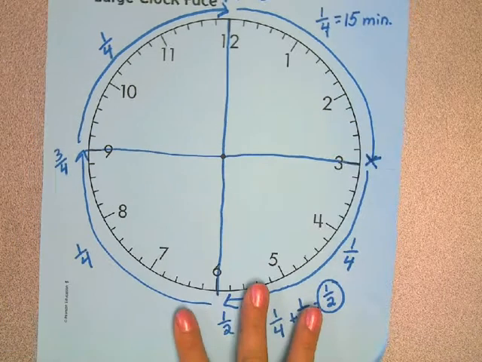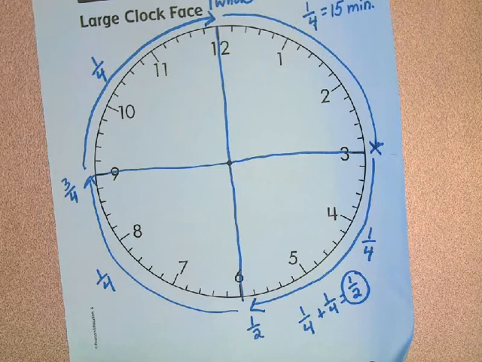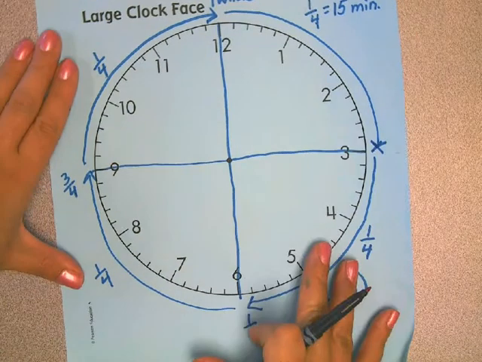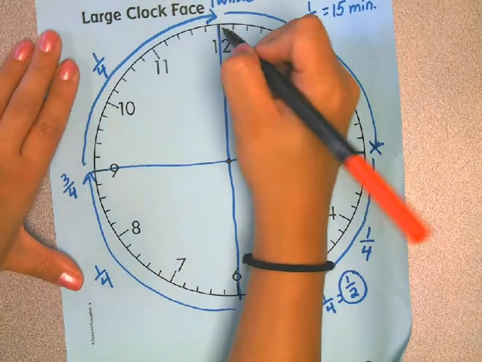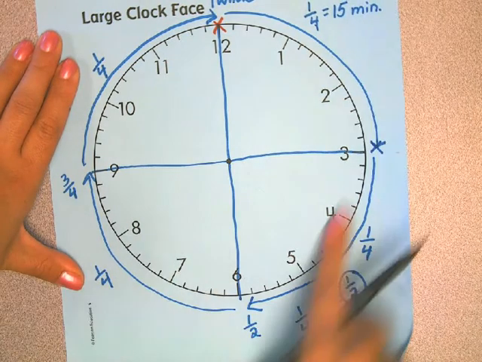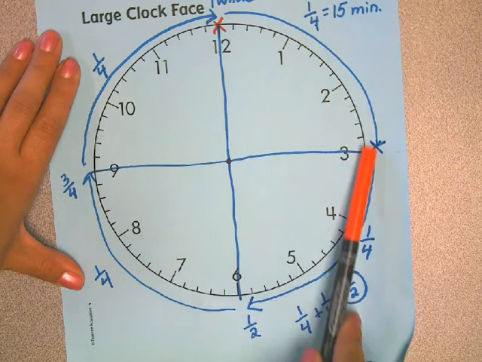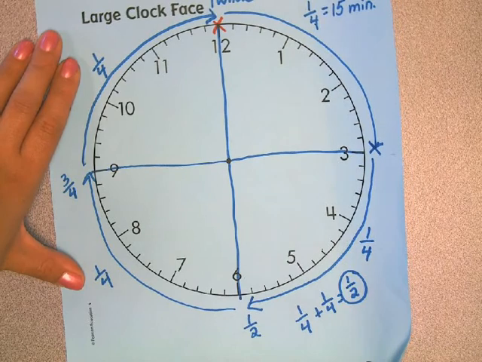So now we're going to talk thirds. I'm going to do the thirds in red, so we're going to ignore the blue. Okay? So if I'm starting at the 12, and I want to split my clock into thirds, where would I stop?